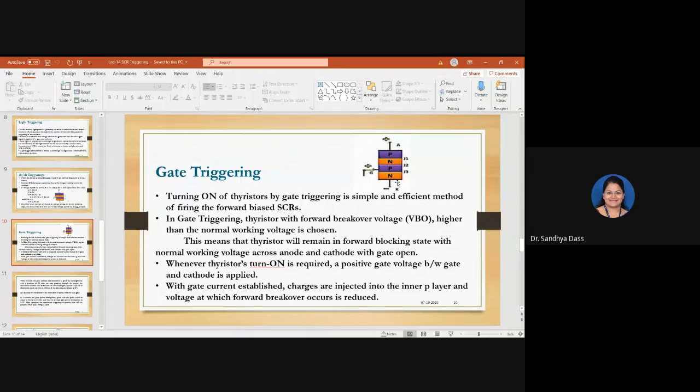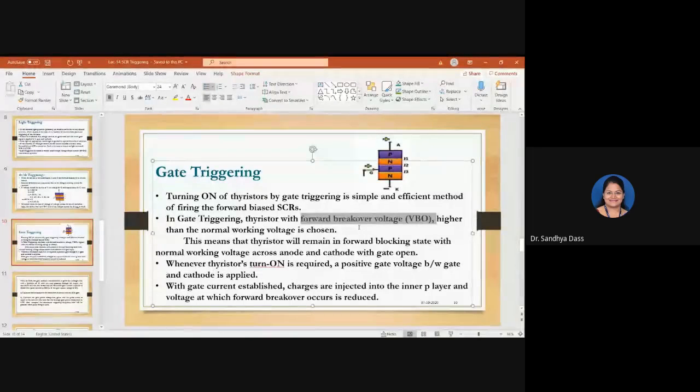So the point to recall and underline is that you can turn on the device even when the supply voltage is below the breakover voltage. Remember, in the last recorded session, I had explained that, where we had one example and we were discussing a few points there.